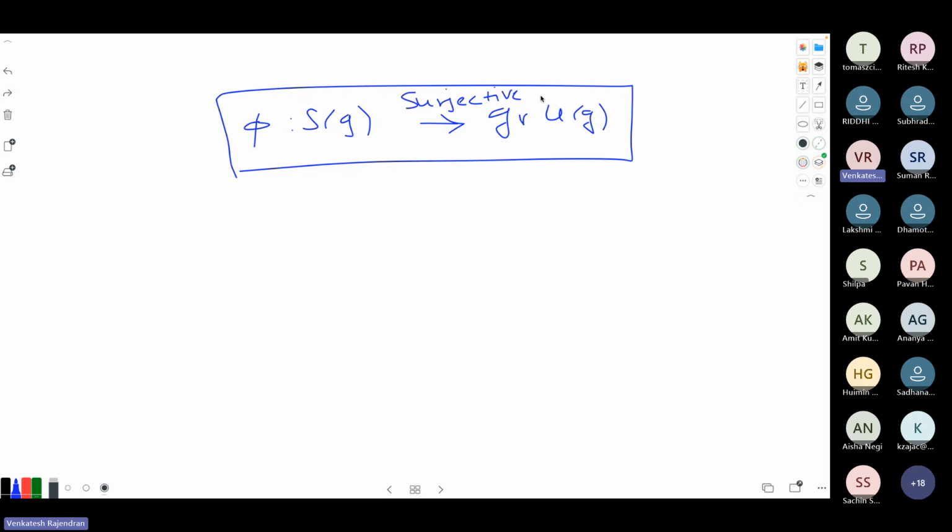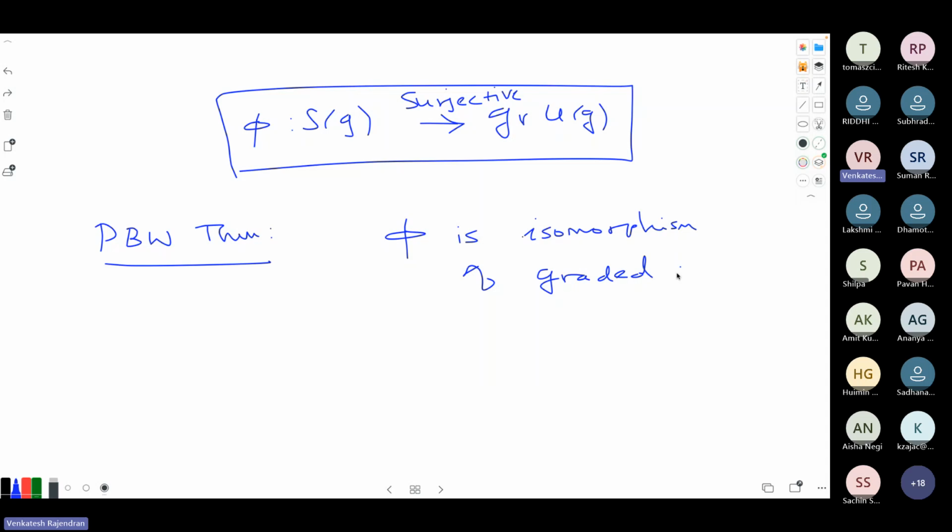There is no issue, but what the PBW theorem actually asserts is that this map is indeed an isomorphism, an isomorphism of graded algebras.